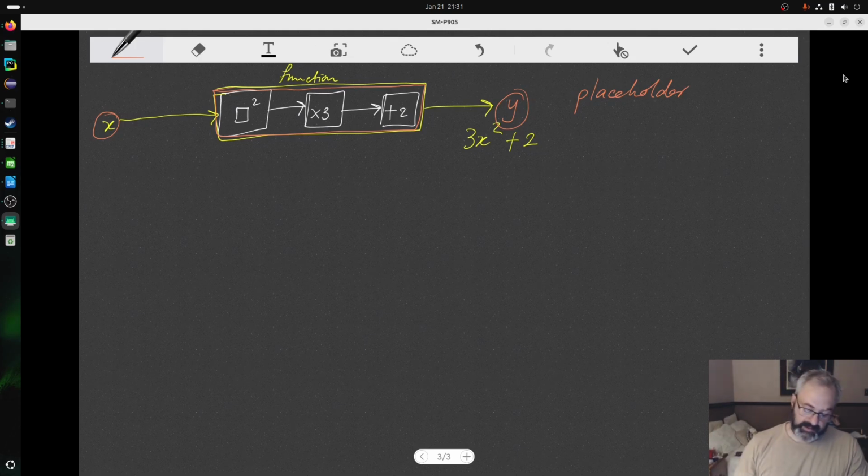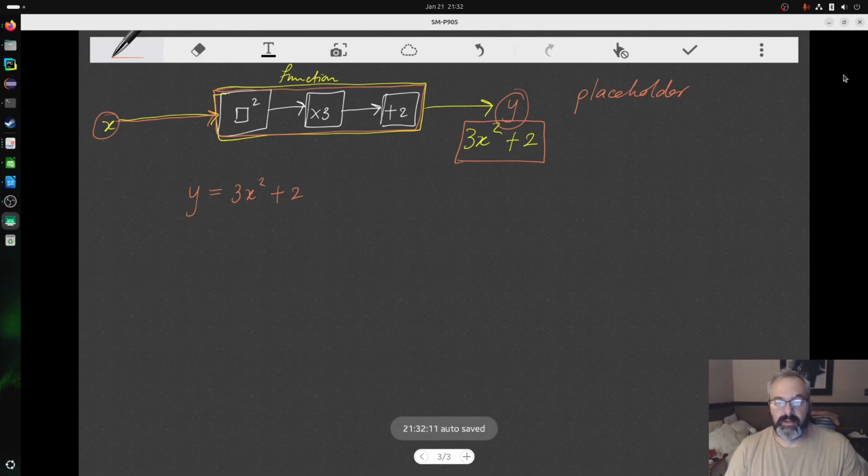So now we have this. If I put x into my function and it gives me 3x to the power of 2 plus 2, and I say that this output is the same as the placeholder Y, then I may say that Y, the output, the unknown that I don't know, is also 3x squared plus 2.